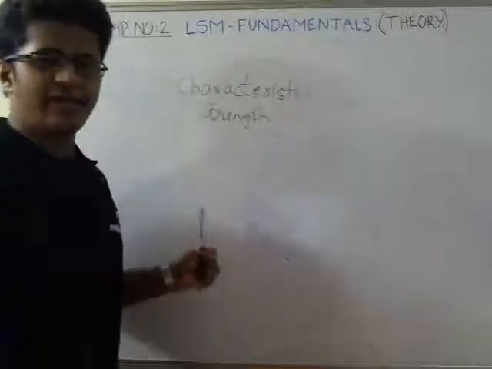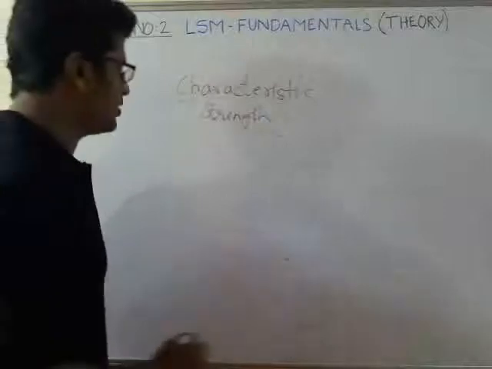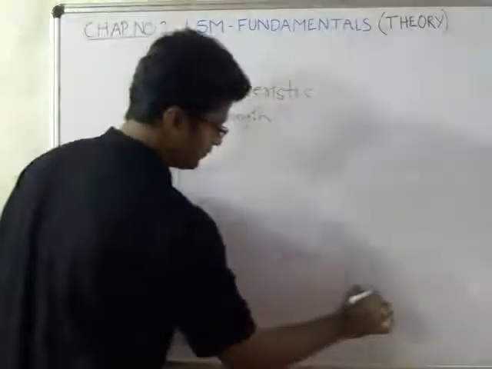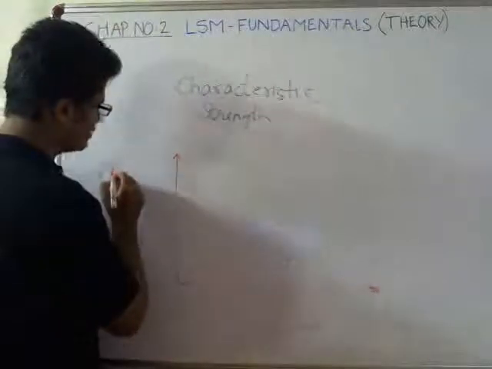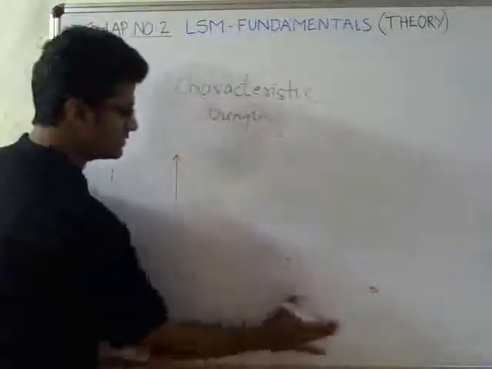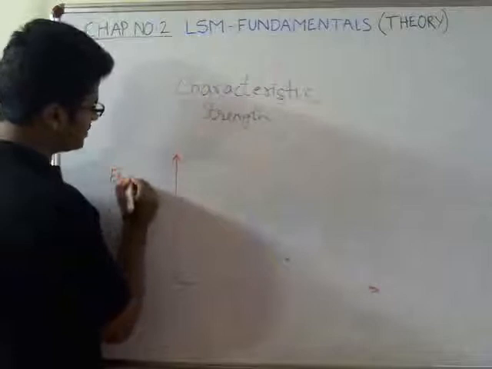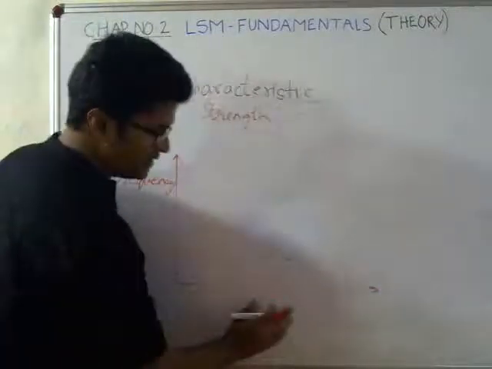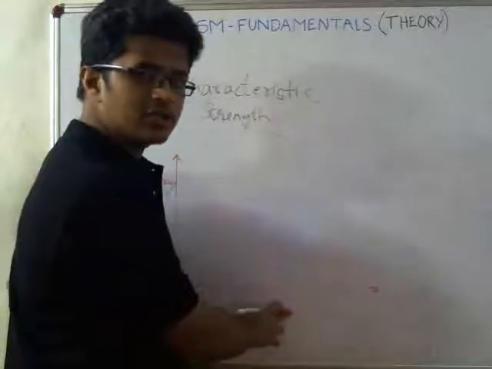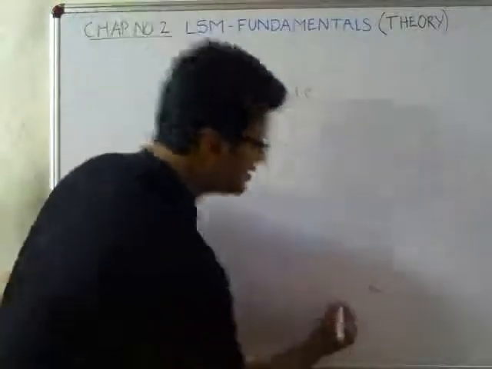I will indicate in the graph how it changes and how it affects. The axes are exactly the same, except for the x-axis. Here the y-axis is frequency only, and here instead of load, which was in the previous graph, it is strength.